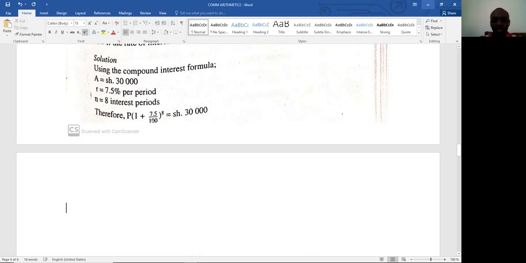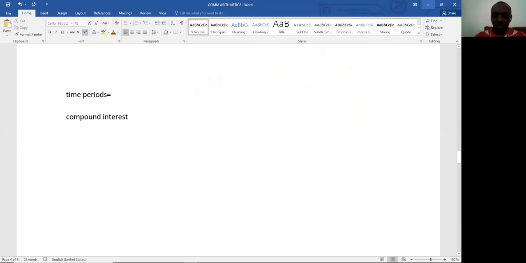So we have something we call the time period. Compound interest can be done annually, which means per year.